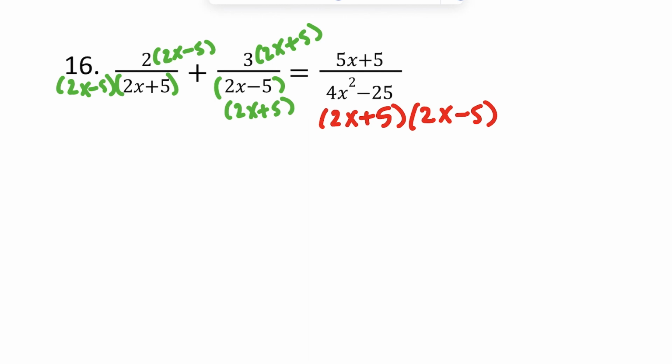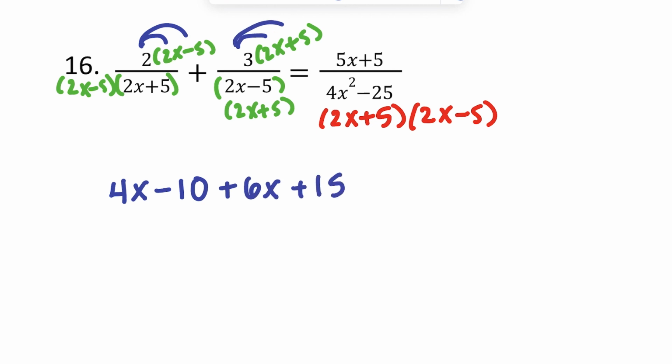In the first numerator, we have 2 times 2x, which is 4x. And then 2 times negative 5 is negative 10. Plus 3 times 2x is 6x. And 3 times 5 is 15. Equals 5x plus 5.